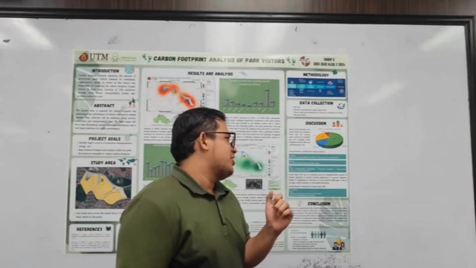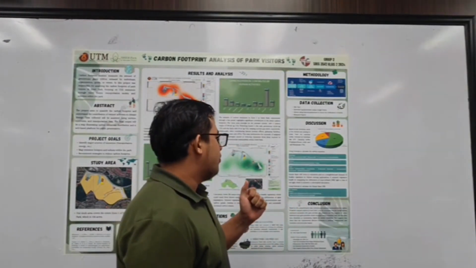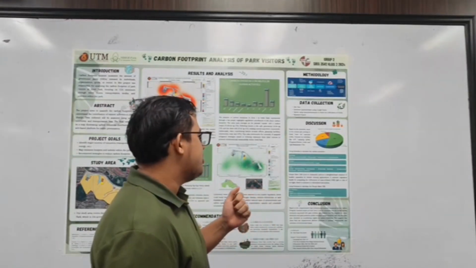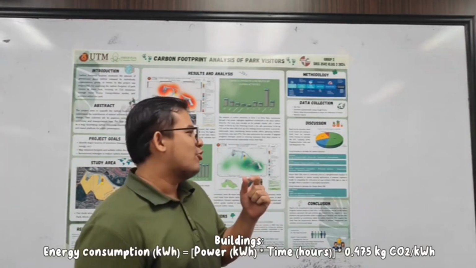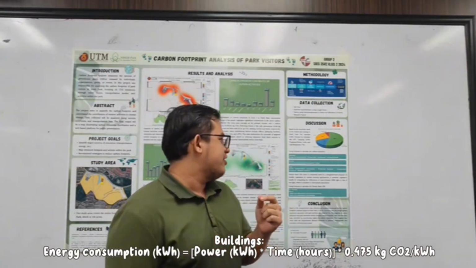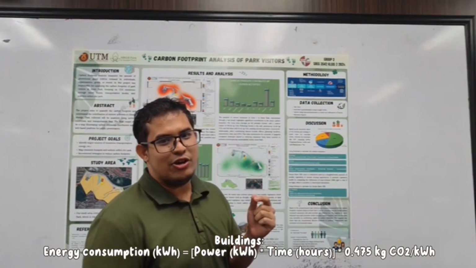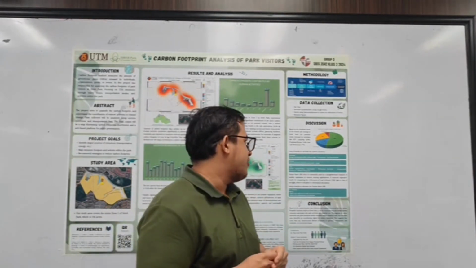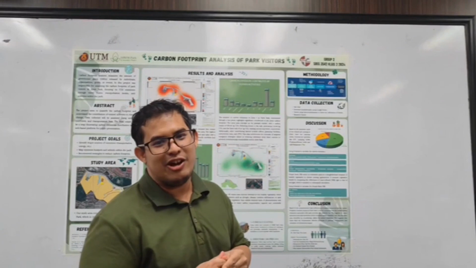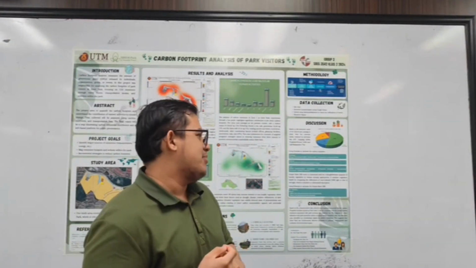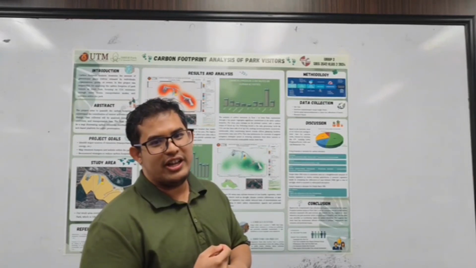We make a calculation for the carbon emission. For energy consumption per building, it is power in kilowatts times time times 0.775 kg CO2 per kilowatt-hour, which we take from the global carbon emission for electricity.